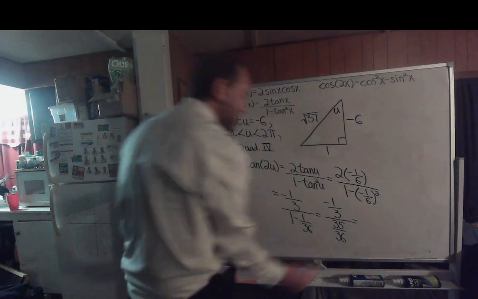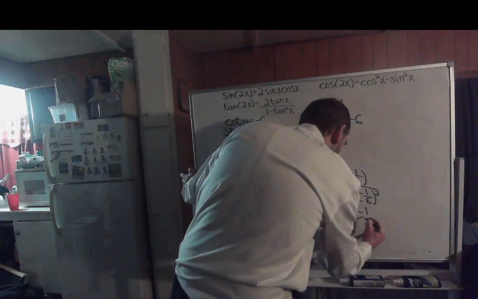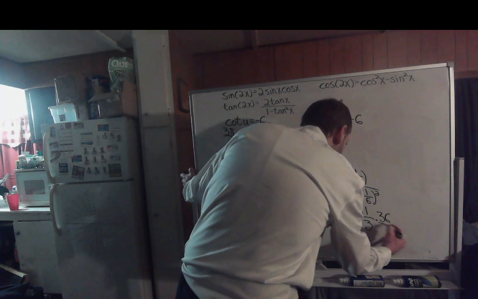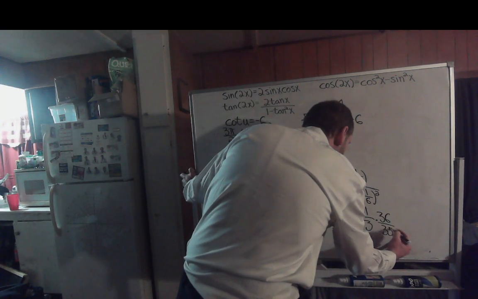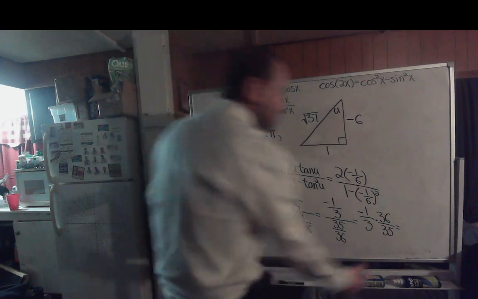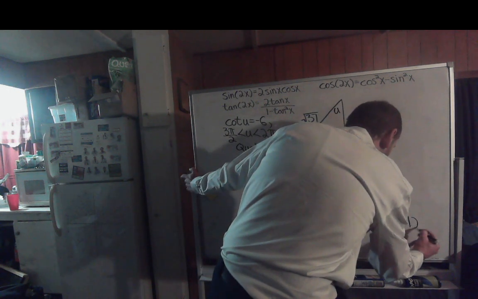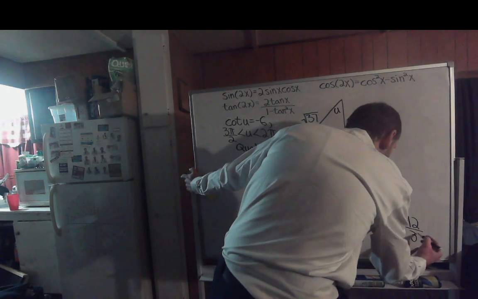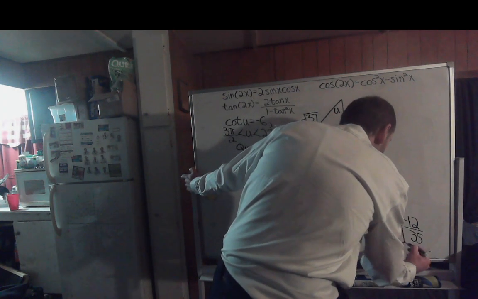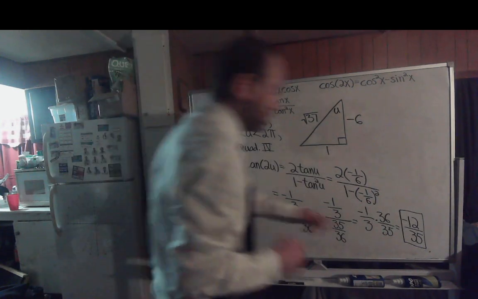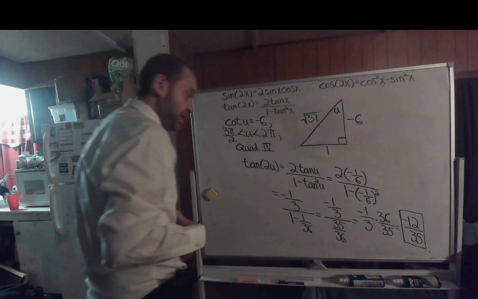Complex fraction, invert and multiply, so negative 1/3 times 36 over 35, which should end up giving you negative 12 over 35. So the tangent of 2u should equal negative 12 over 35.